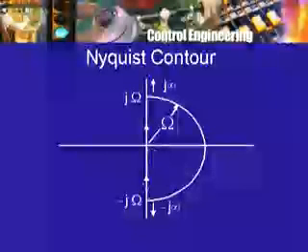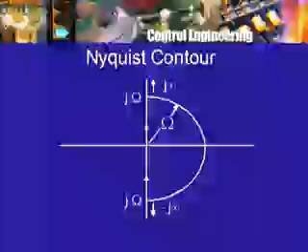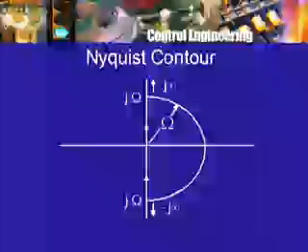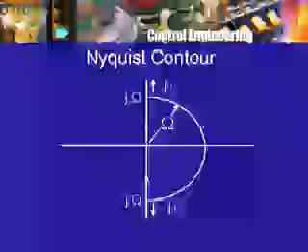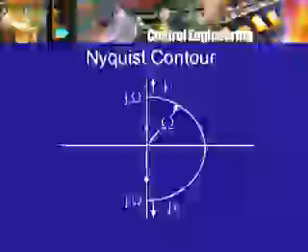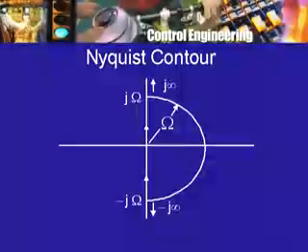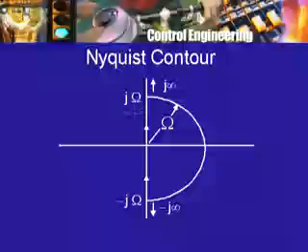So, this was the whole Nyquist contour. What we are doing now is only looking at this part of it corresponding to the upper half of the j omega axis. The data that we get for the polar plot from the experiment corresponds essentially to a number of frequency values, or j omega values, on the j omega axis. So, this is the polar plot.